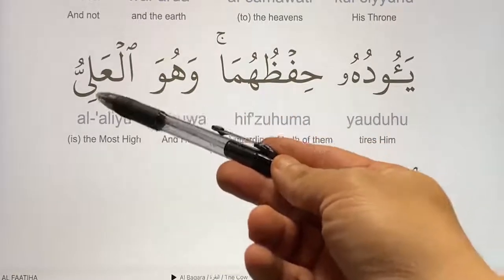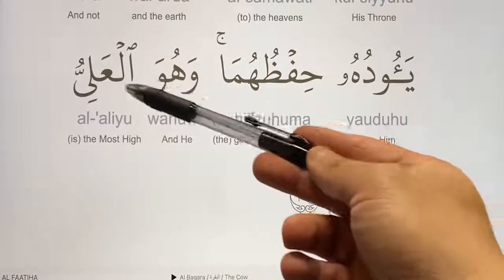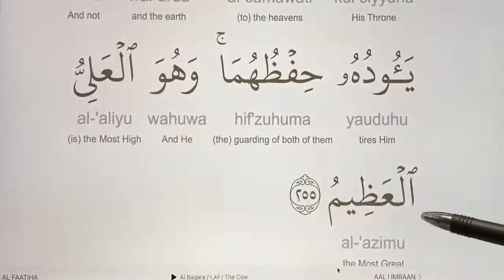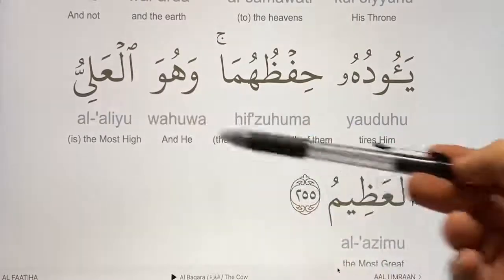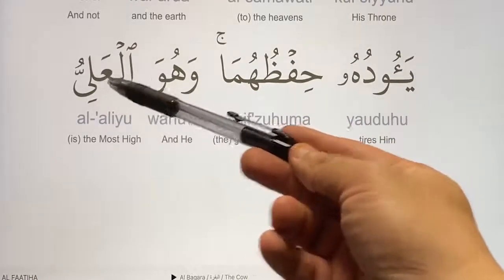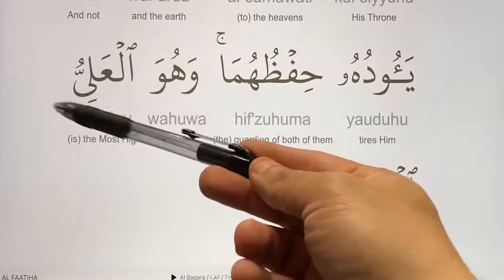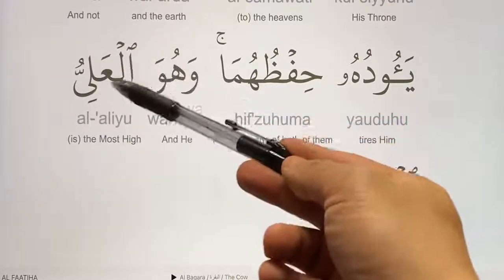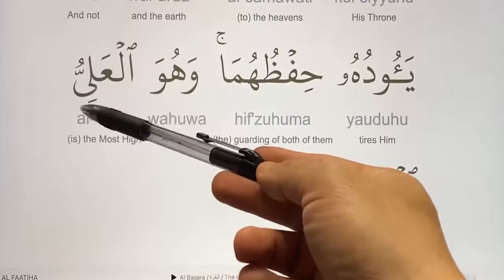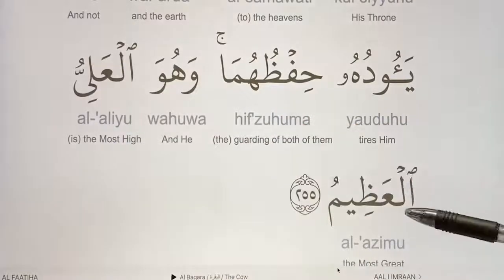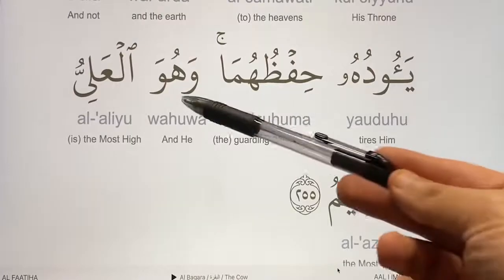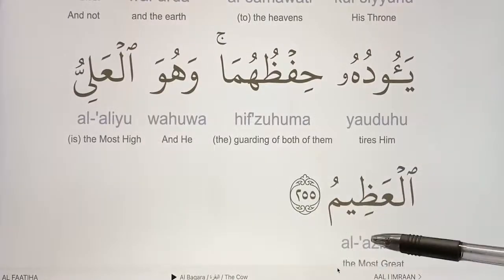وهو العلي العظيم. So وهو, this is an ayn. وهو العلي. The ya and the shadda on the ya. وهو العلي العظيم.